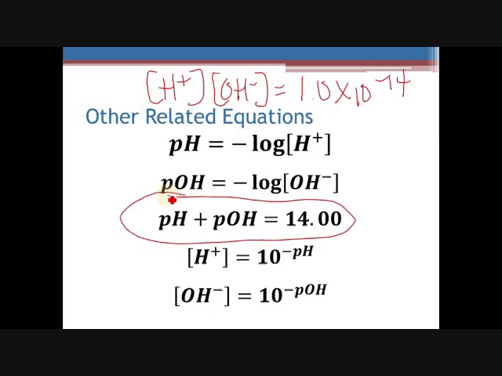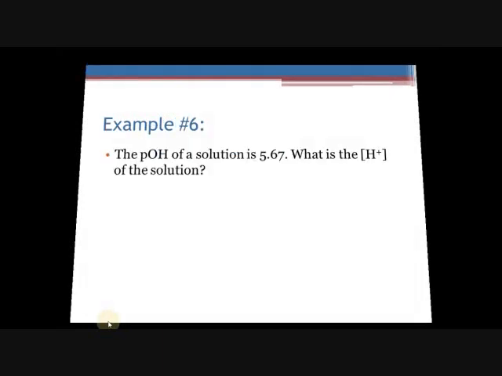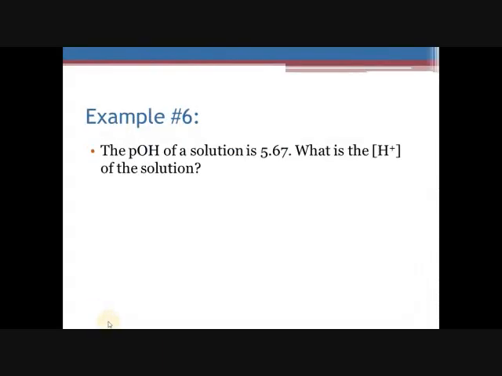So example 6, we're going to do one more 2-stepper, and then we'll be finished. The pOH of a solution is 5.67, and we want to know the H plus of the solution. Okay, well, I'm given pOH, and I want to know the H plus.